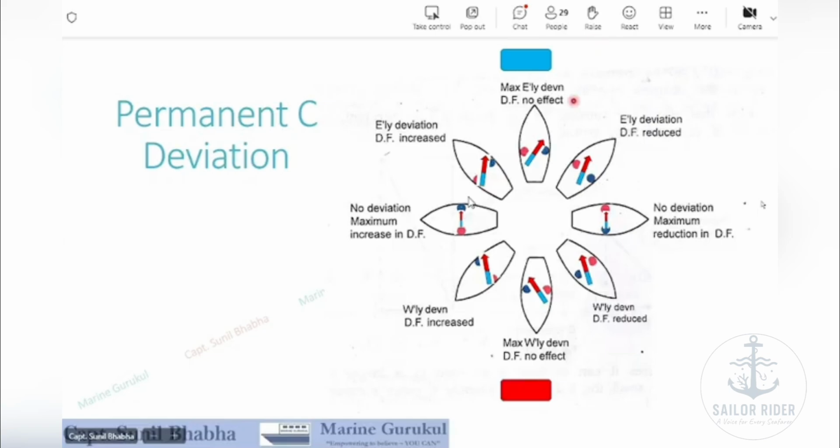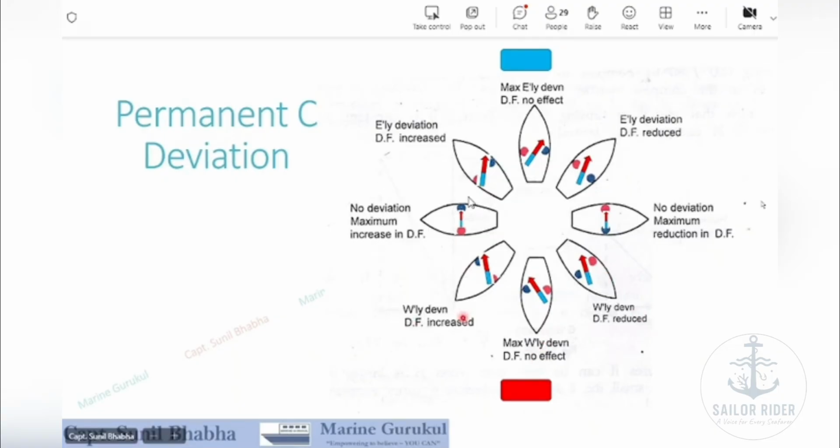Now, if you look carefully on all the northerly headings, whether the ship is on northwest heading, north heading or northeast heading, easterly deviation is generated. And if you look carefully on all the southerly headings, a westerly deviation is generated.